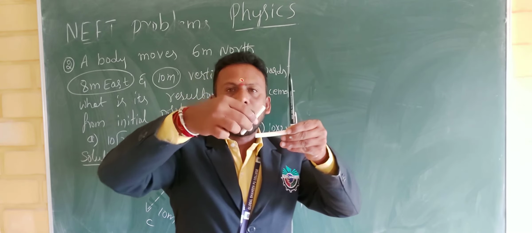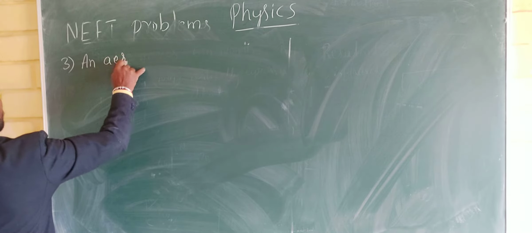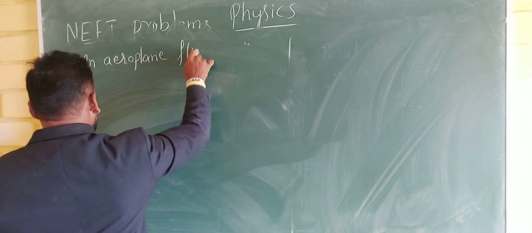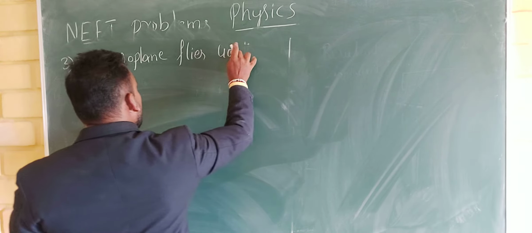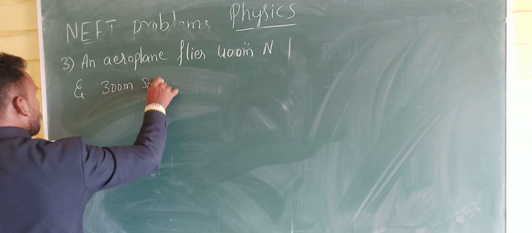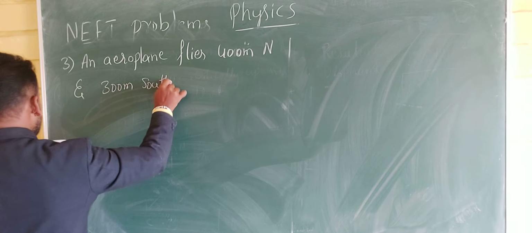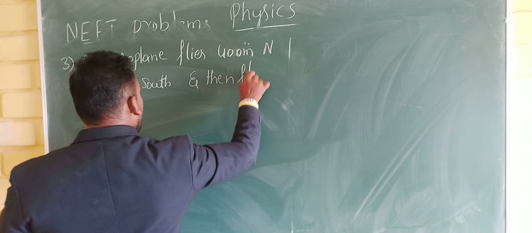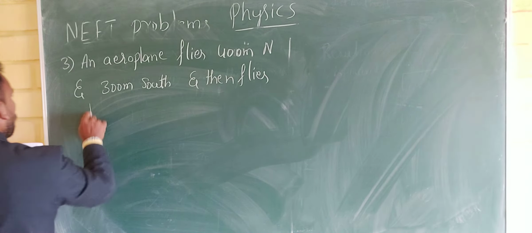Third problem. An aeroplane flies 400 meter north and 300 meter south and then flies 1200 meter upwards.